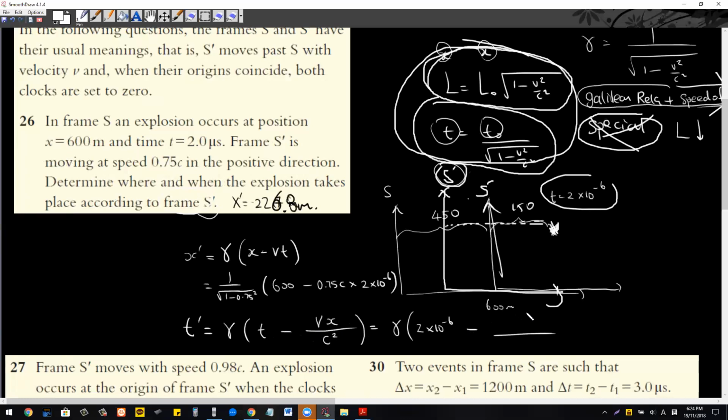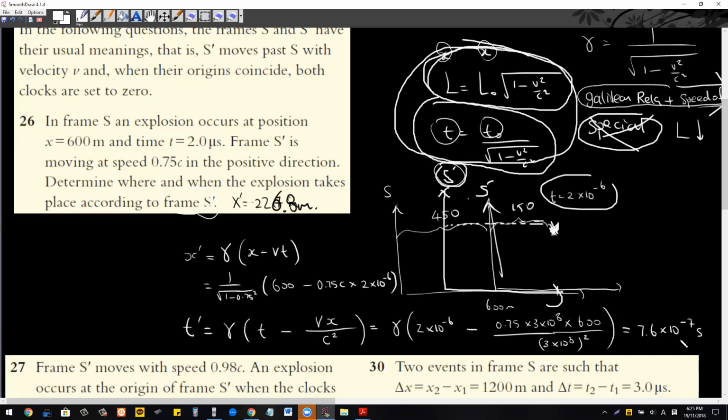Everything has to be in meters per second. So this one is 0.75c, that is 0.75 times 3 times 10 to the power of 8, times the position, which is 600, over 3 times 10 to the power of 8, squared. This will give you 7.6 times 10 to the power of minus 7 seconds.